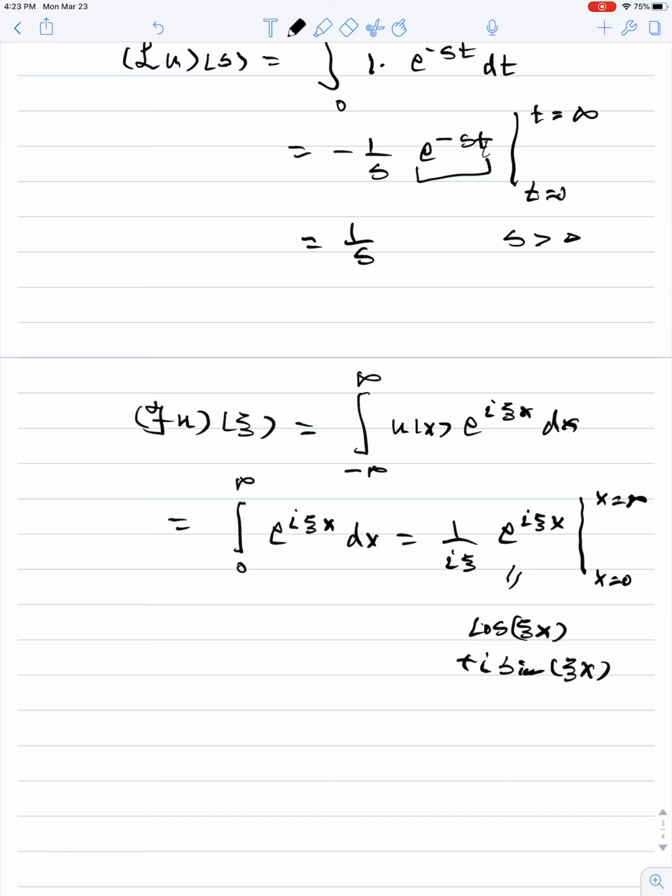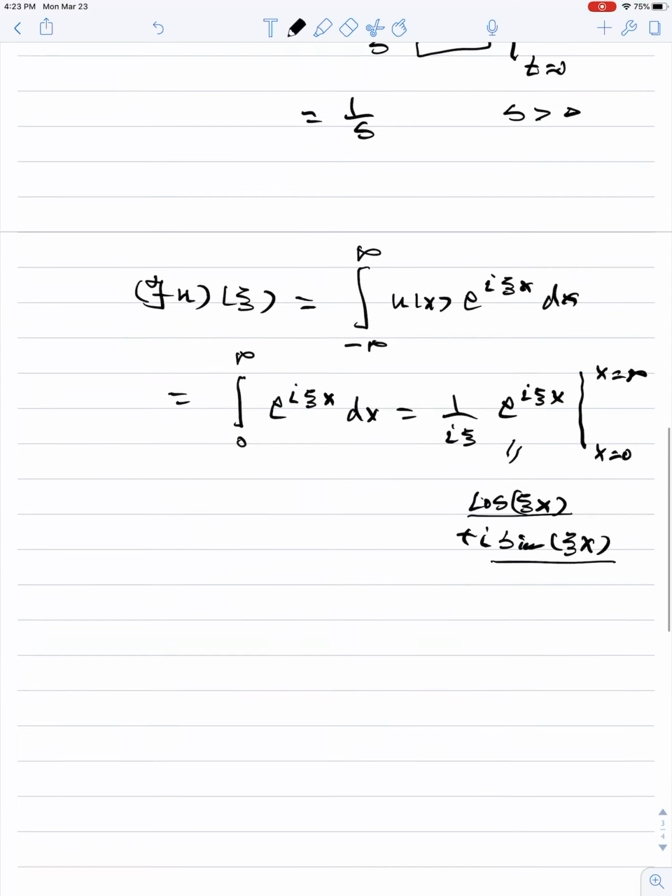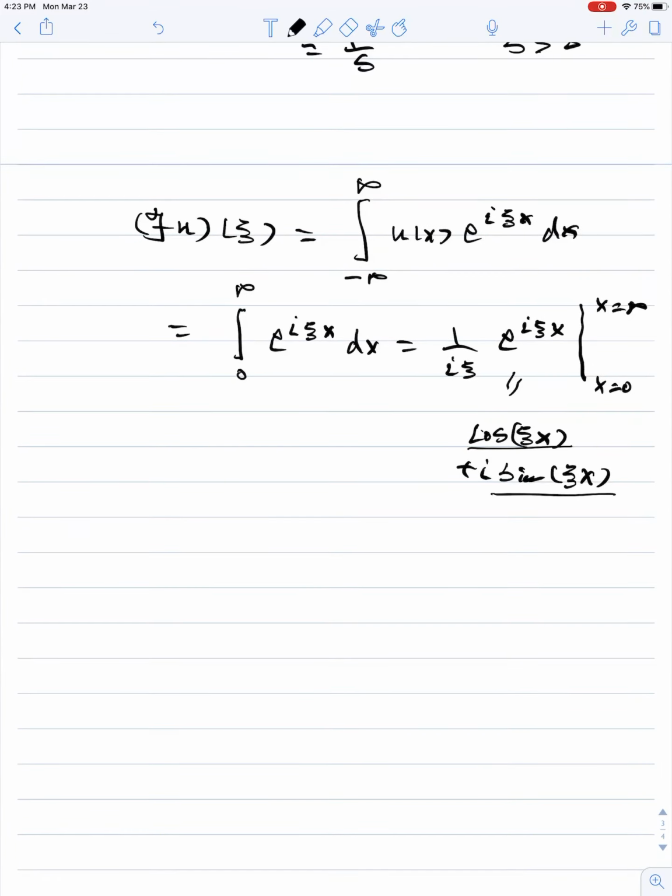So for this term, when x goes to infinity, the limit of the cosine and sine does not exist. They are oscillating between -1 and +1. Therefore, this improper integral does not converge, and so the Fourier transform does not exist.